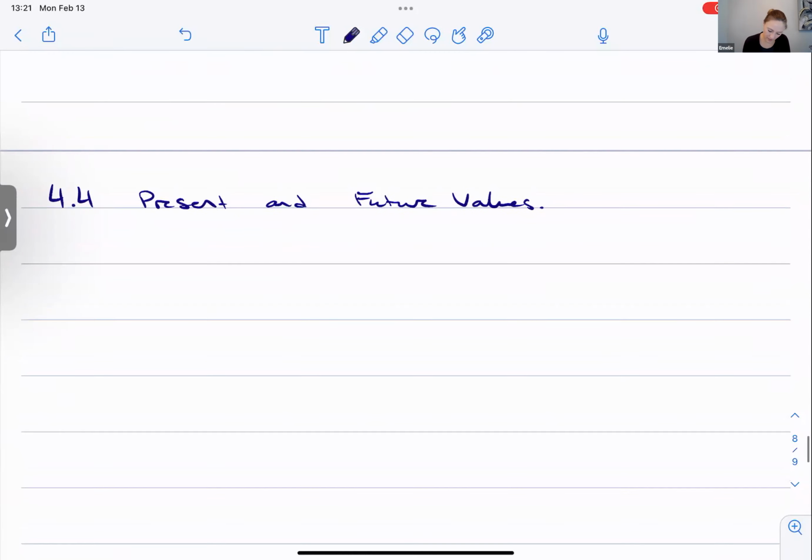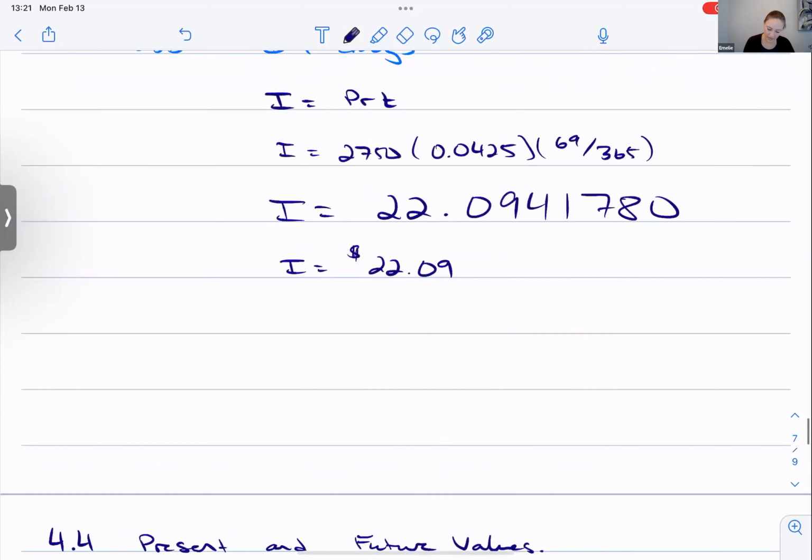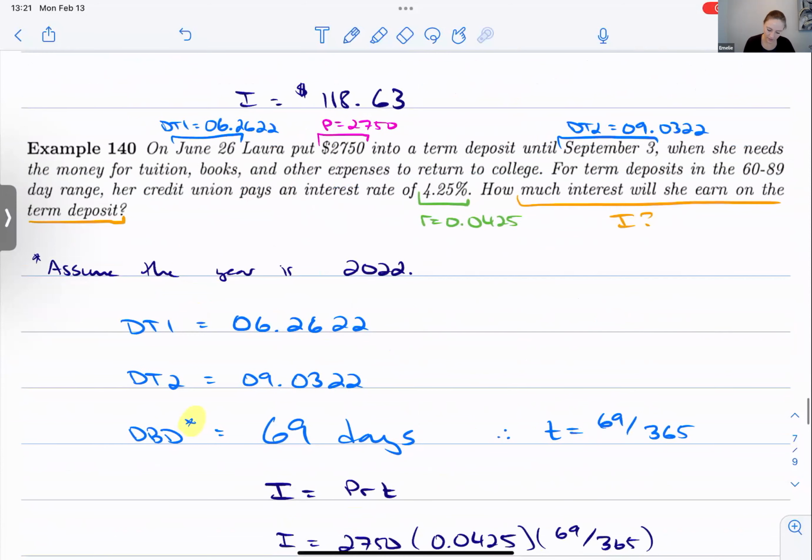So from the previous example, we saw that Laura invested $2,750 for 69 days and earned $22.09 in interest. Okay.